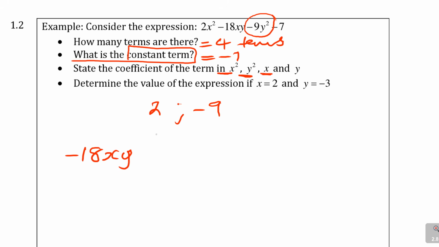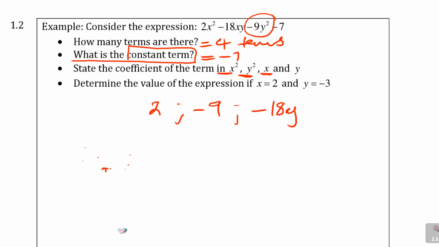But since I'm focusing on x, anything that is not x is the coefficient. So if I take out x here, whatever I remain with is the coefficient. So what is the coefficient? The coefficient there is minus 18y. Are you seeing that? That's how you can sometimes simply do that.